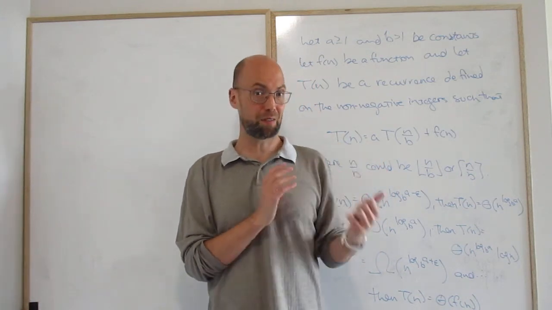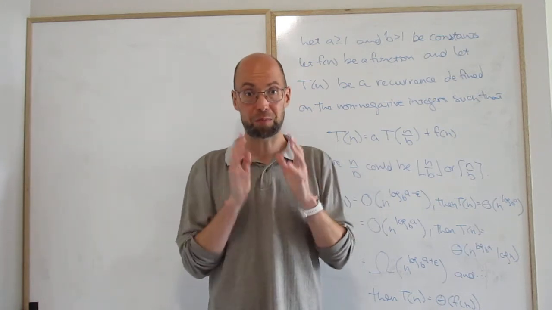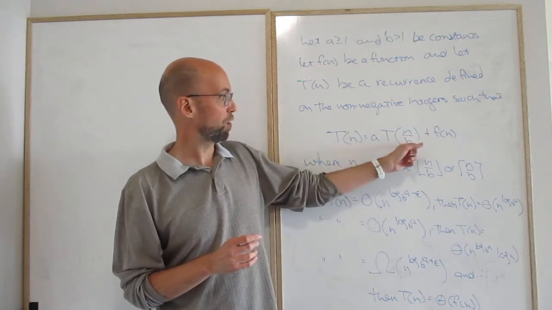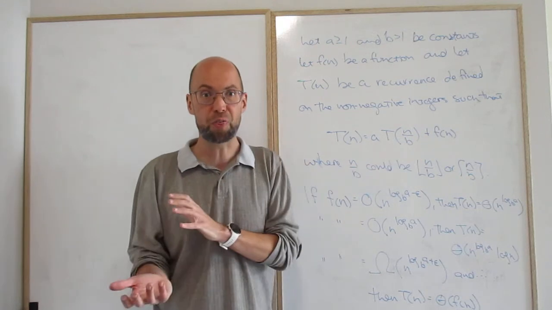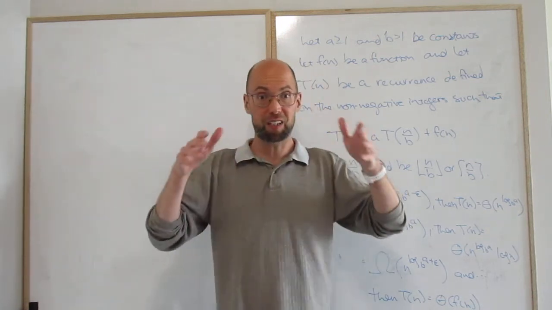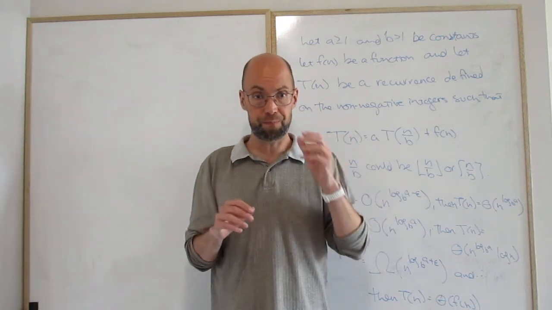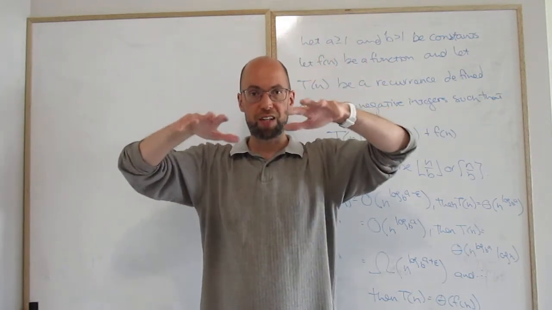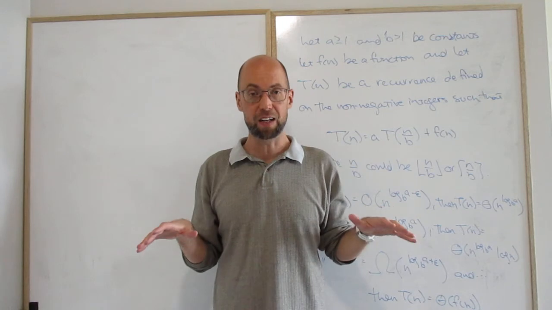So a and b don't have to be the same. So I'm cutting it into a subproblems of size about n over b, and you think of this as a tree where your branching factor is about a.